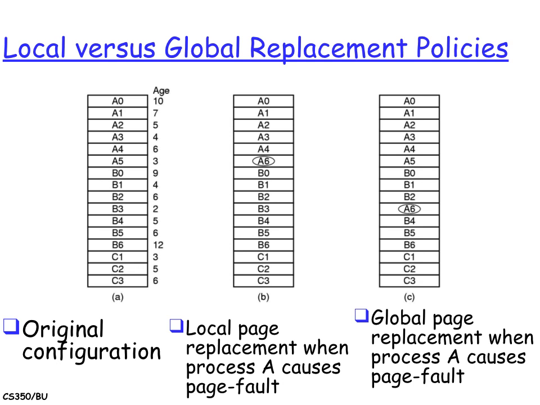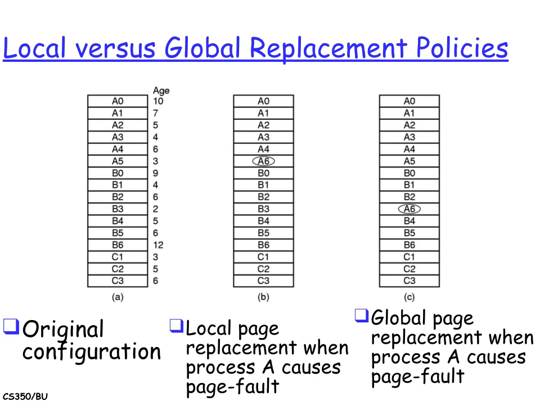On the other hand, for global replacement, you would look at all the pages of all the processes. You don't make a distinction which process a page belongs to. So in this example, page B3 was the most eligible page to be evicted, so A6 is brought in and B3 is evicted.